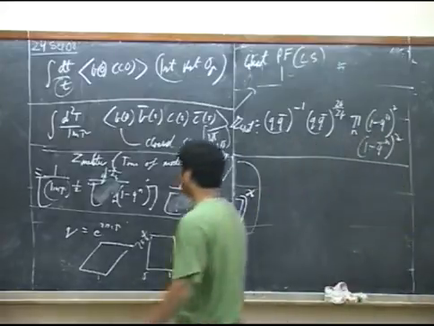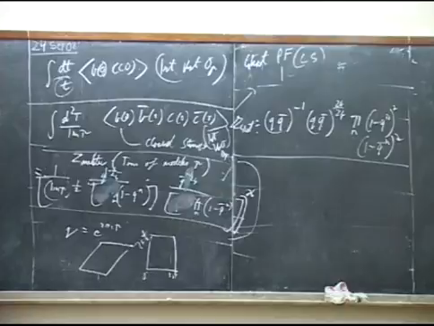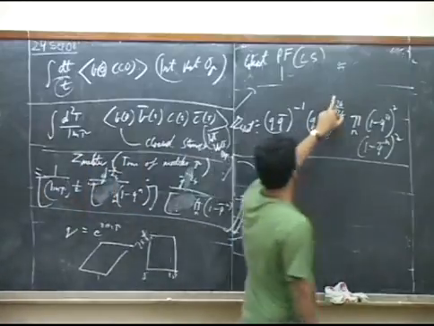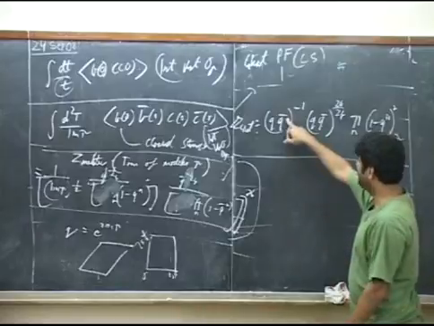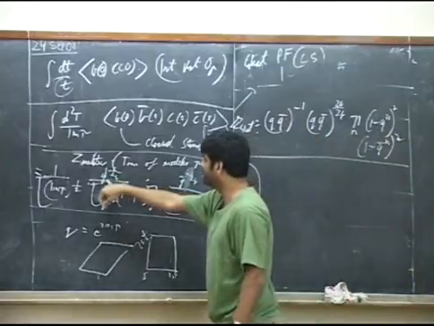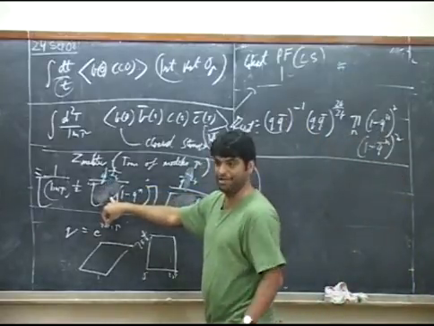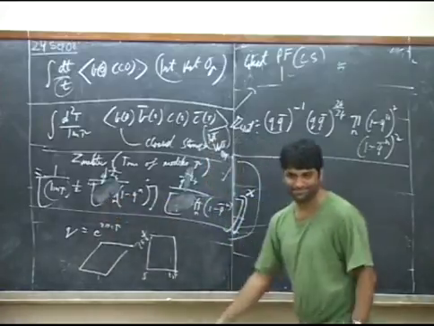Okay, what about these other factors? You see, this and this cancel, but this remains, and this is exactly enough to be a q to the power plus 1 by 24 in the denominator for each of these factors.